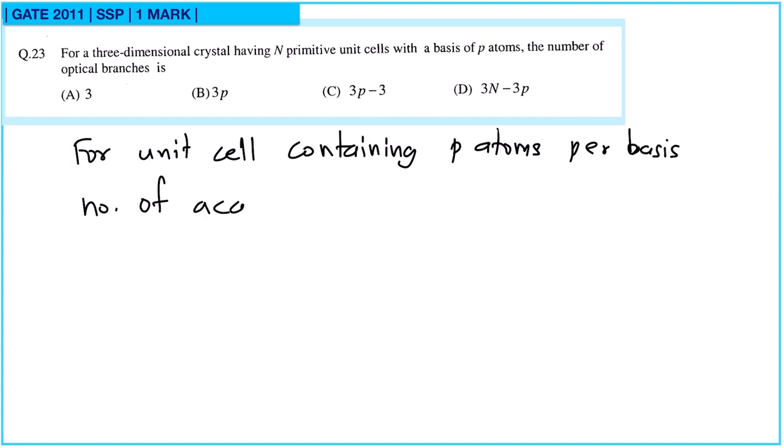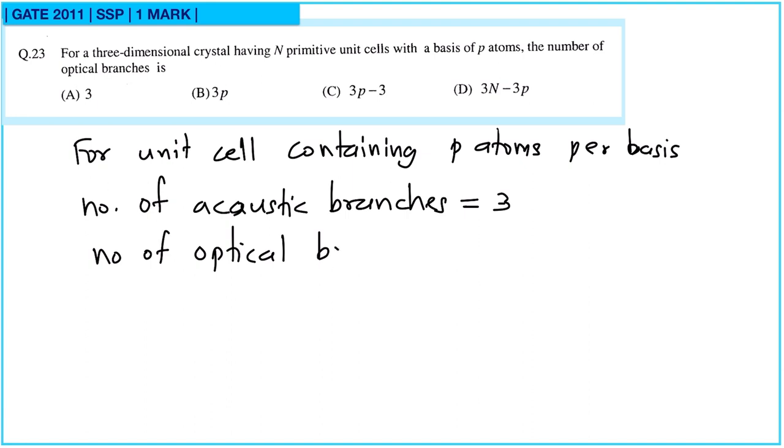So the number of acoustic branches is 3 and the possible branches are 3p. So the number of optical branches is equal to 3p minus the number of acoustic branches, that is 3. So this will be 3 in bracket p minus 1. So here option C is correct.